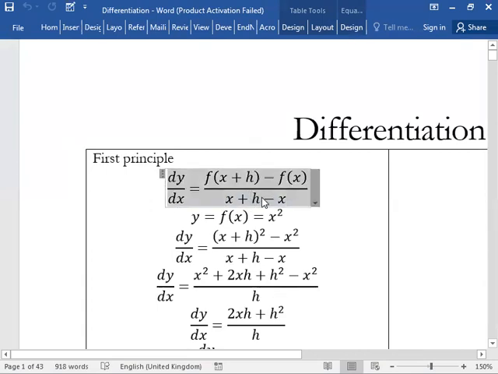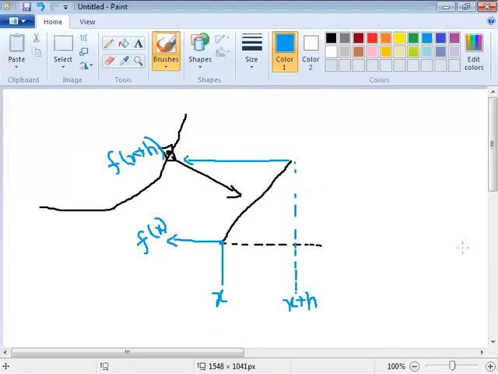This is called the first principle. What is this called? f(x plus h) minus f(x) upon h. That is called the first principle. Is this clear? It can be for any function, and h is so small that it is almost approaching 0. Remember we did it even in sum to infinity for geometric progression.